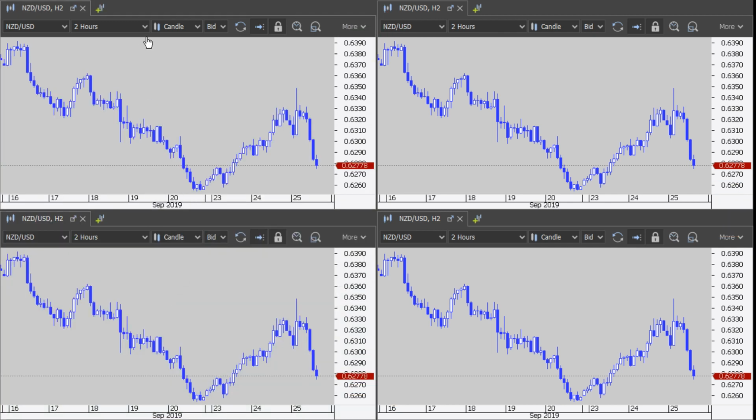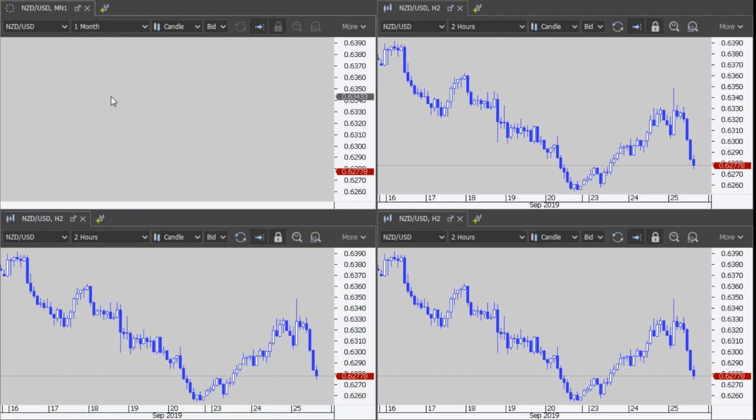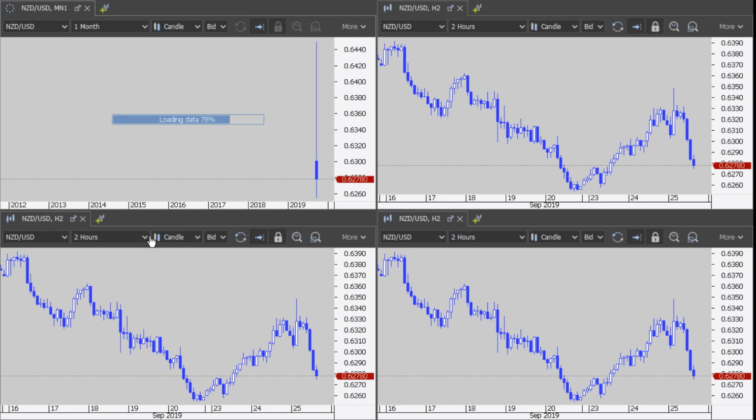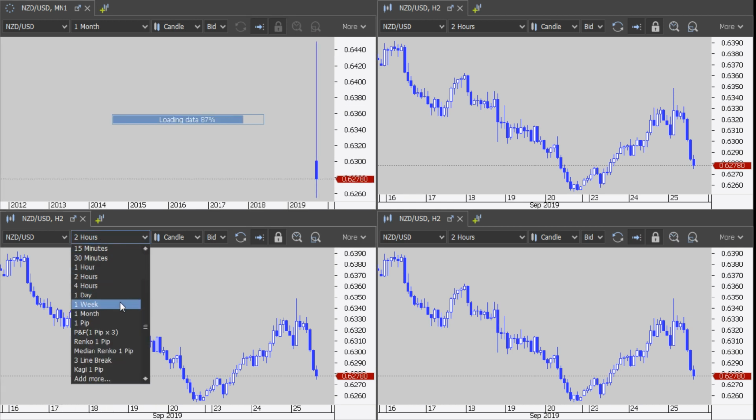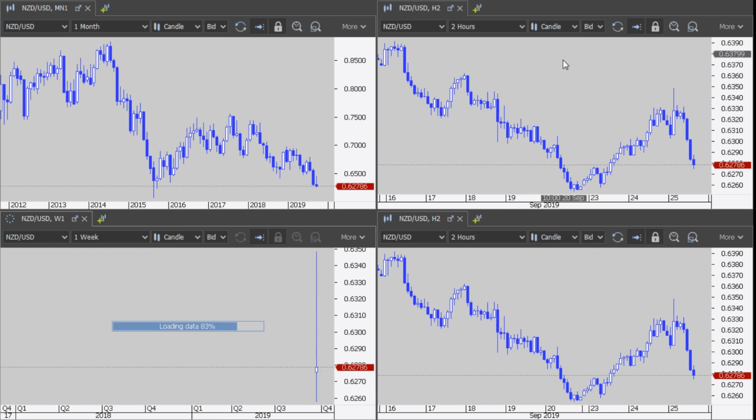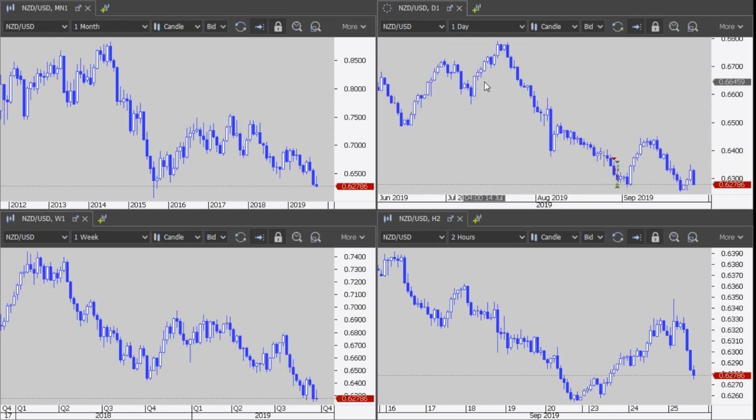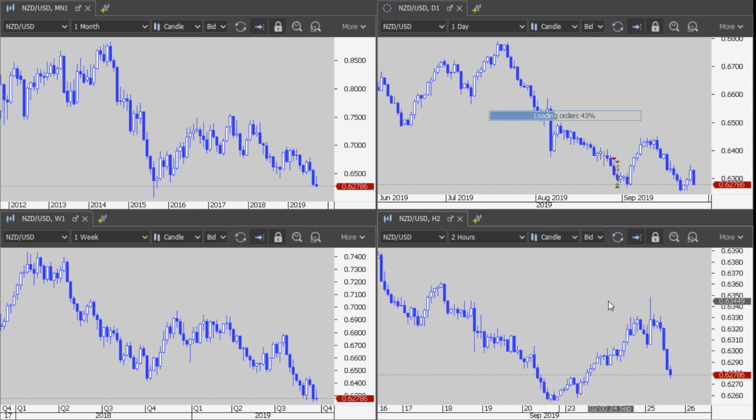Okay, upper left corner, monthly chart, down left corner, weekly chart, upper right corner, daily chart, and lower right corner, the 2-hour chart. Okay, NZDUSD.